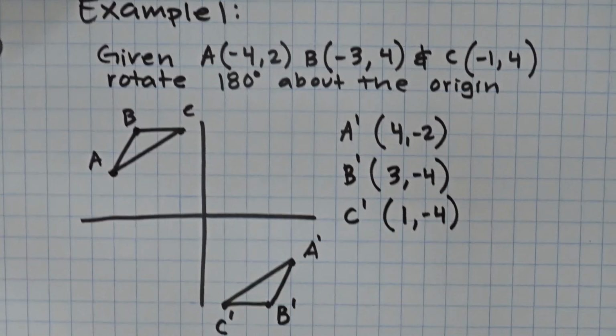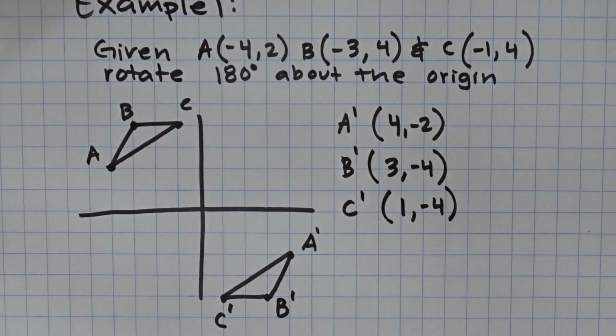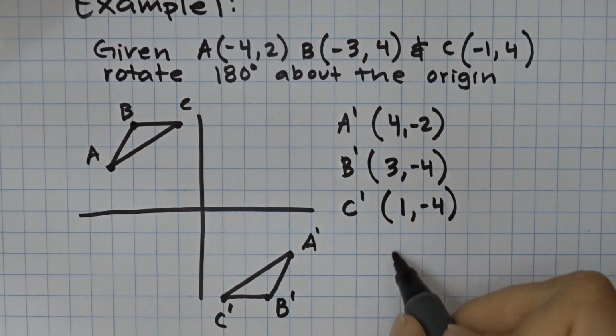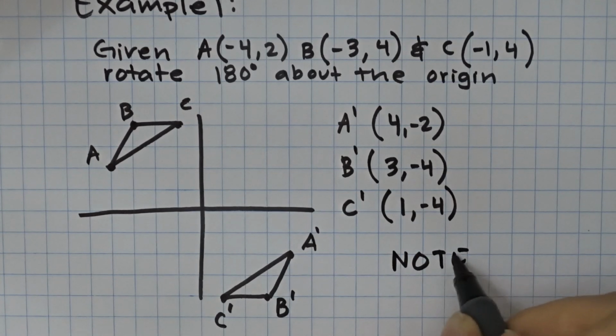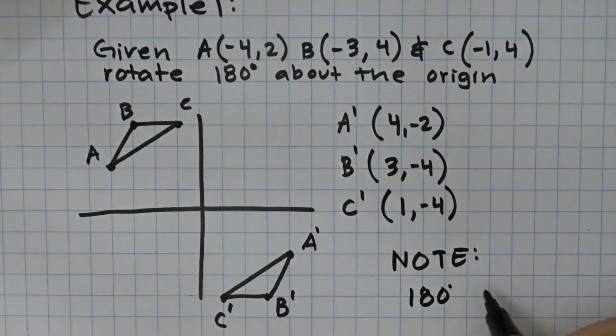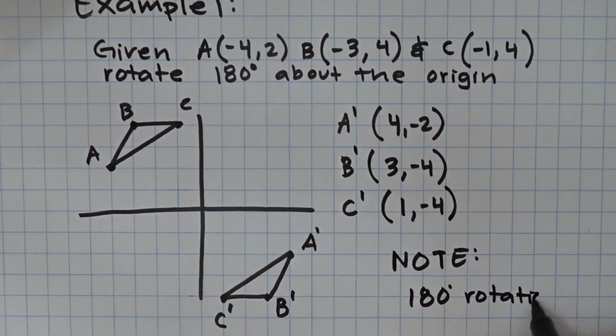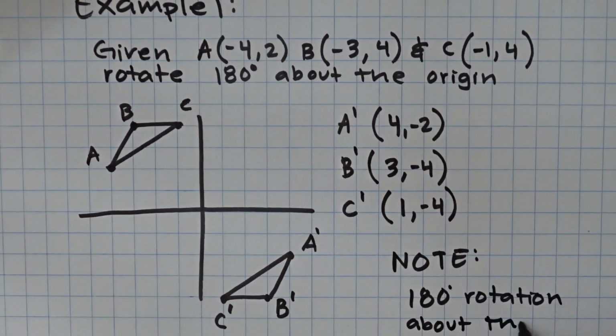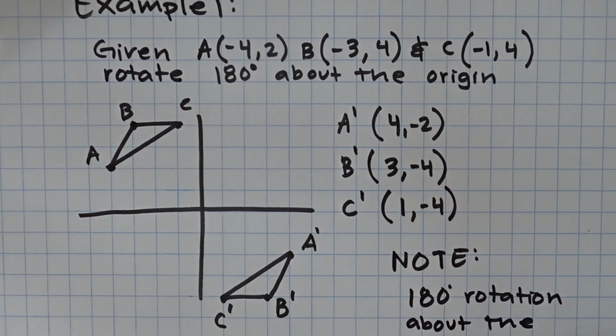So that's a rule. When you're doing 180° rotations about the origin, the formula is going to be -x, -y.